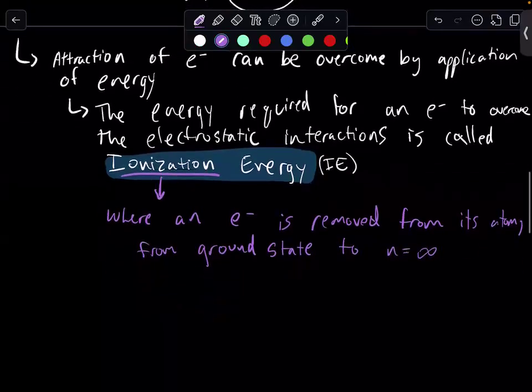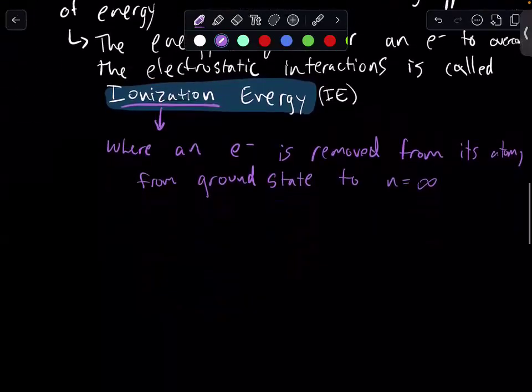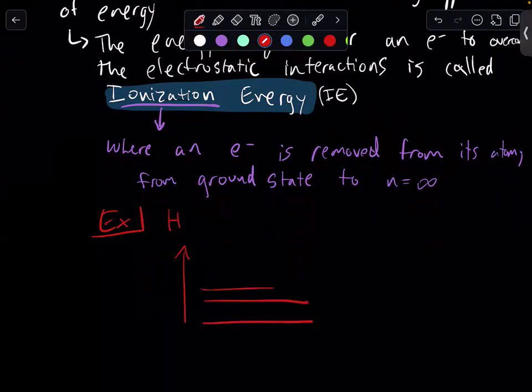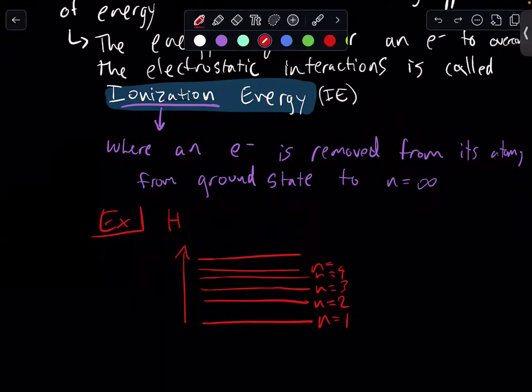We talked about this when we were talking about the hydrogen atom. So if we look at hydrogen and we have our energy levels again, and I'm just going to do a very rough sketch this time. n equals 1, n equals 2, n equals 3, n equals 4, n equals 5. And that last one I'll actually put pretty close to n equals 5.